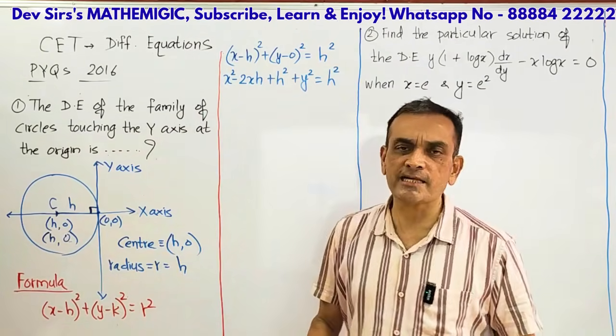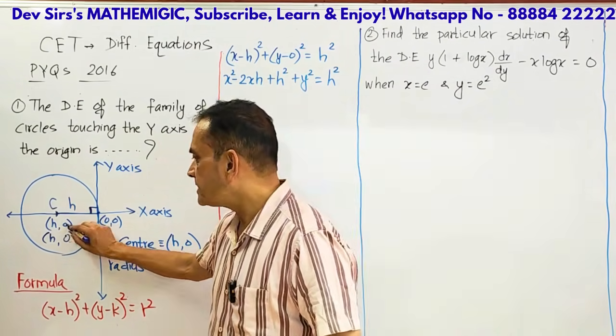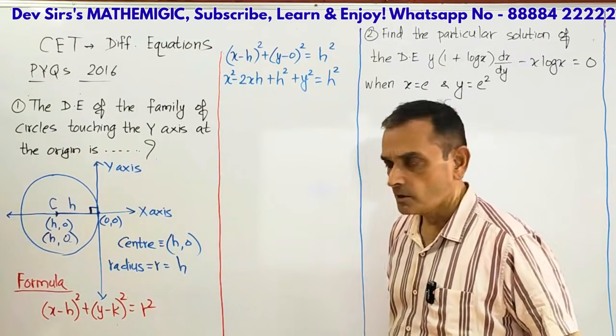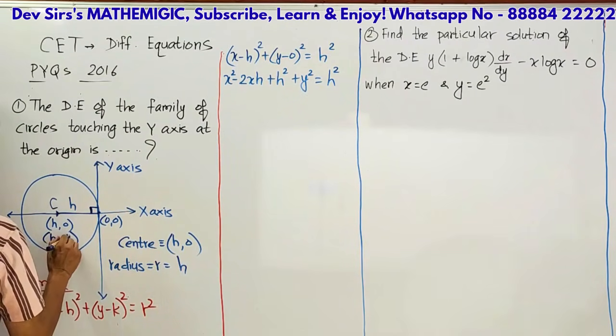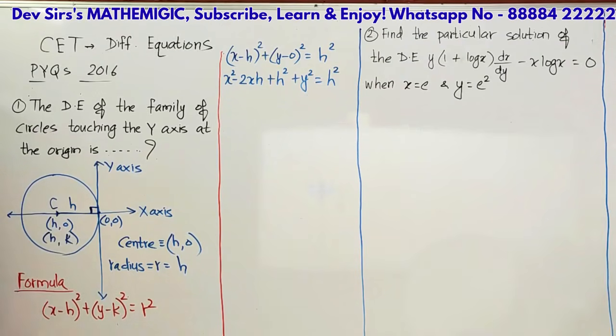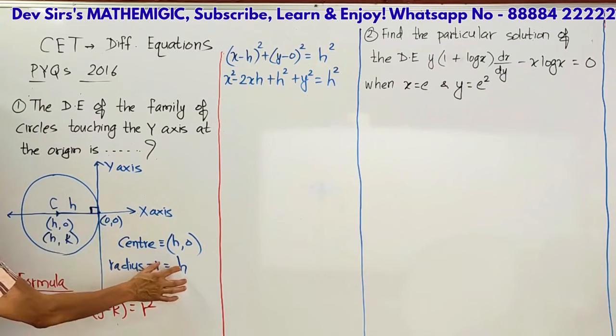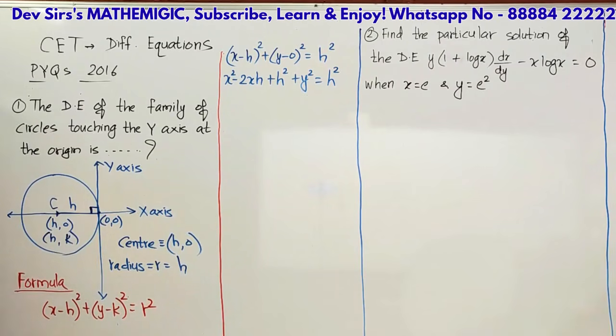Any point on the x-axis, y coordinate is 0. Followed? So in reality it is h, k, but k is 0. And as you can see from the diagram, center is h, 0. Radius is r, that happens to be h. Why? You just have to take this x coordinate.